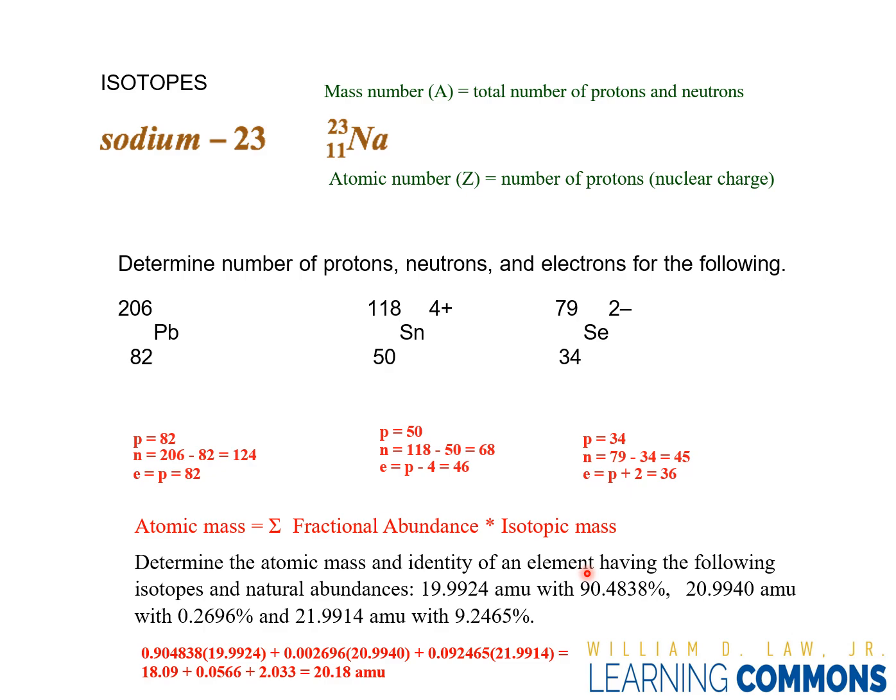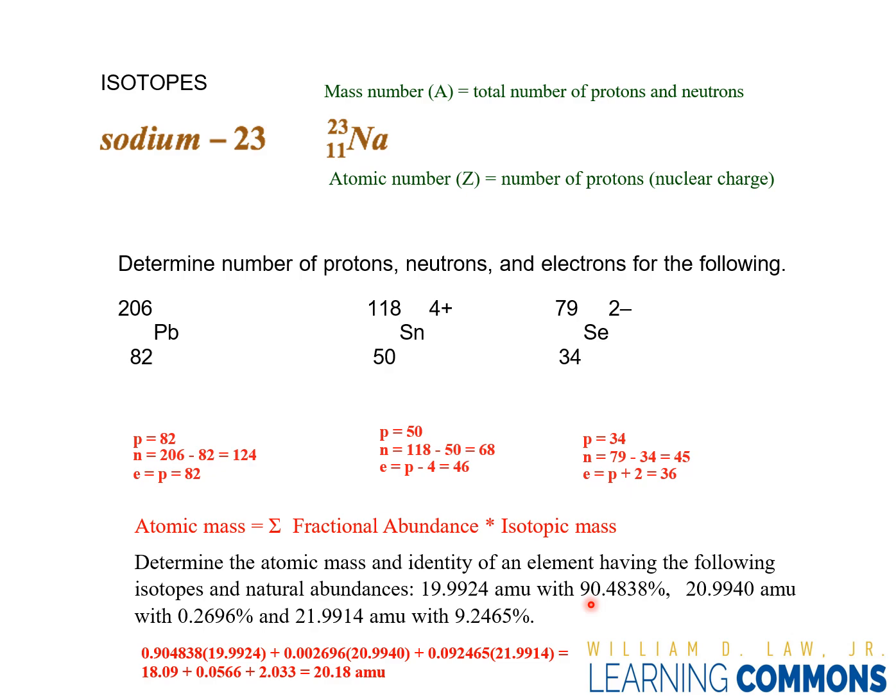First of all, I have to convert the percentage to a decimal, and after I convert it to the decimal number, I multiply the abundance by the mass, and then I add all of them together to get the final answer, the average atomic mass for this example.